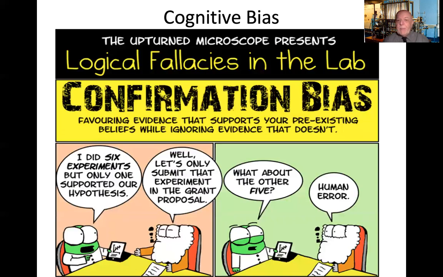And here's another example. Confirmation bias could favor evidence by ignoring evidence that doesn't support your preconceived idea. So as I said, the cartoon here again shows a rather silly but illustrative example of where confirmation bias might come in.